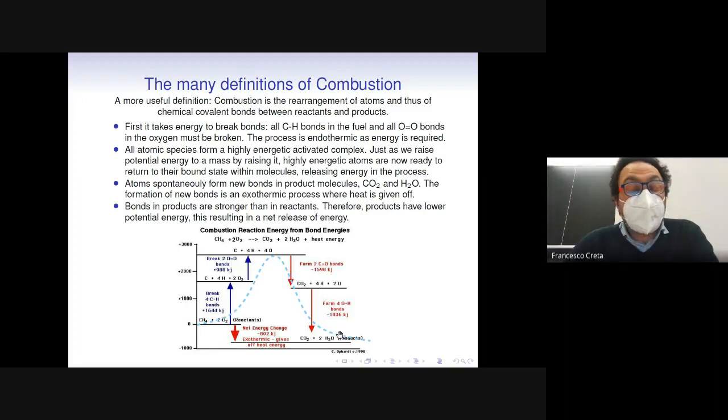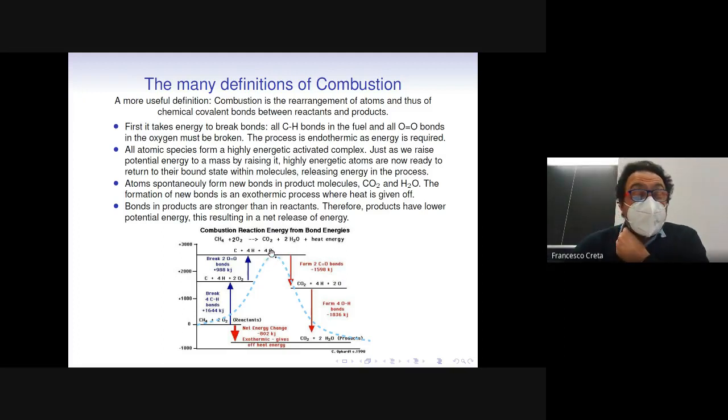You can think of this as potential energy. So imagine a ball in this valley. You need energy to raise its potential energy in order for this ball to go over this hump. Clearly the highest energy level is up here, on the peak of the mountain.